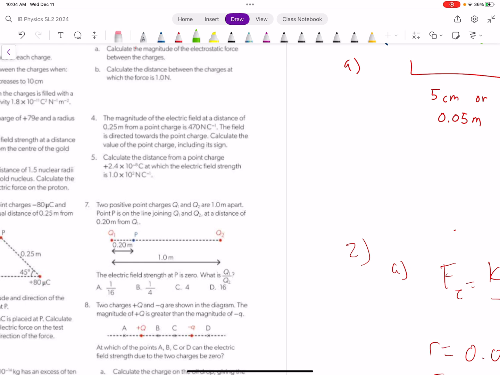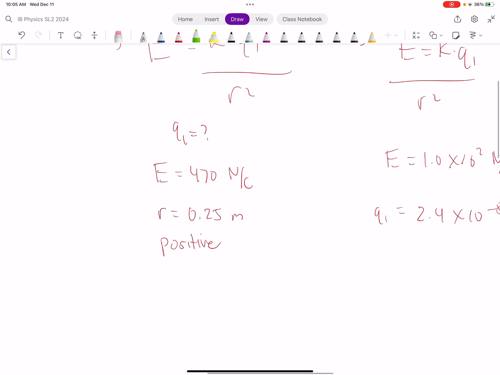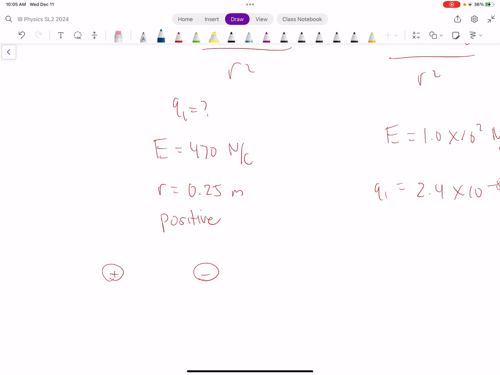The field is directed towards the point charge. Oh, okay. So they could be talking about field lines here. Okay, well, this is a good time to talk about field lines. So if we're talking about field lines, field lines basically between a positive charge and a negative charge, field lines come out of the positive and go into the negative.